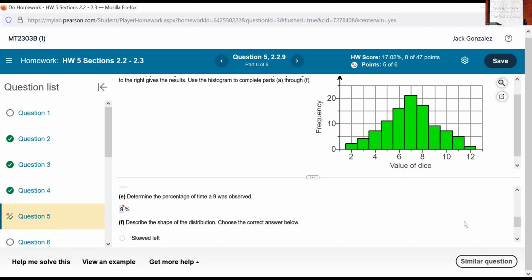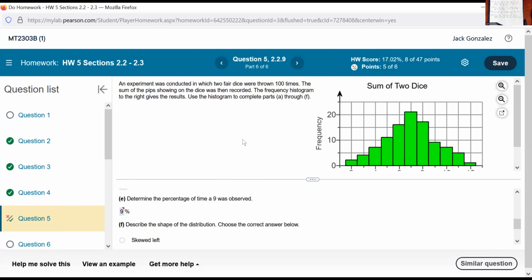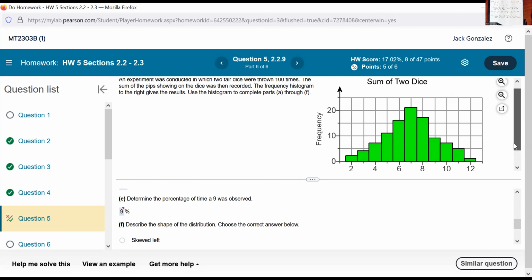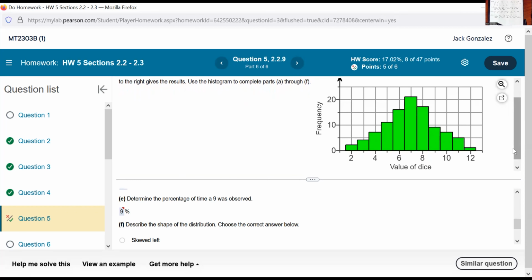And the question said they rolled the dice how many times? Two fair dice were thrown 100 times. So if it appeared 9 times, then percentage-wise, that would be what? 9 out of 100.